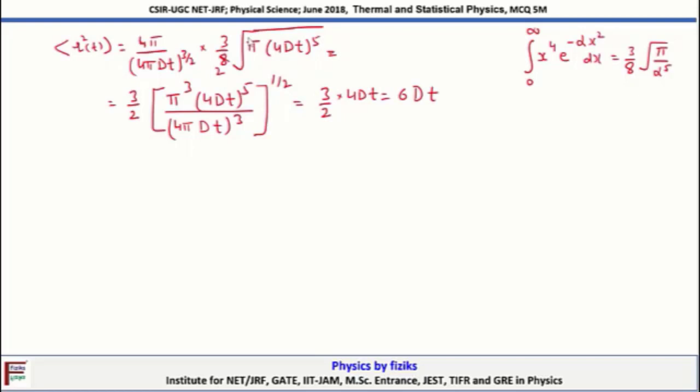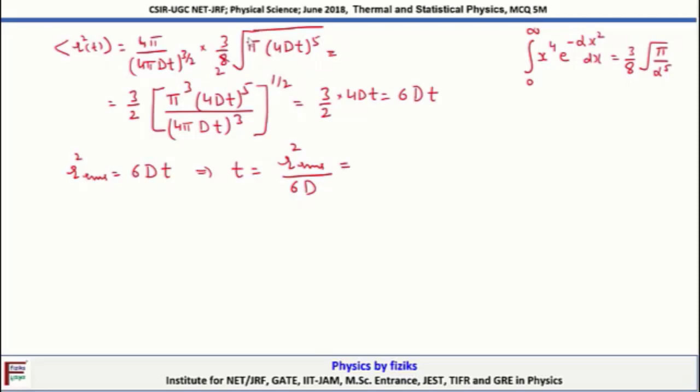Now we are almost at the end of the solution of this problem. What we obtained is r square rms equal to 6Dt, so therefore this implies t is equal to r square rms divided by 6D.